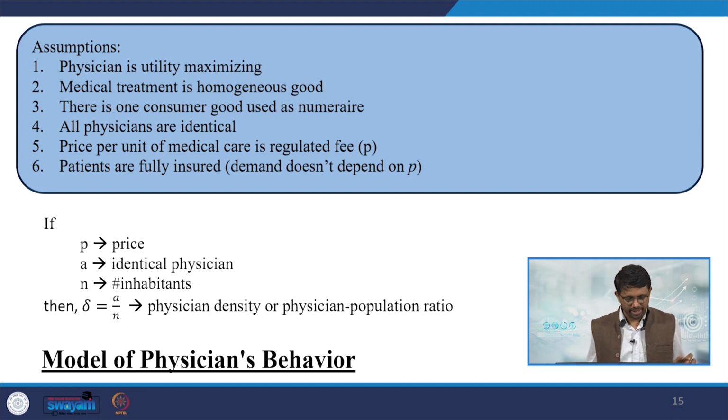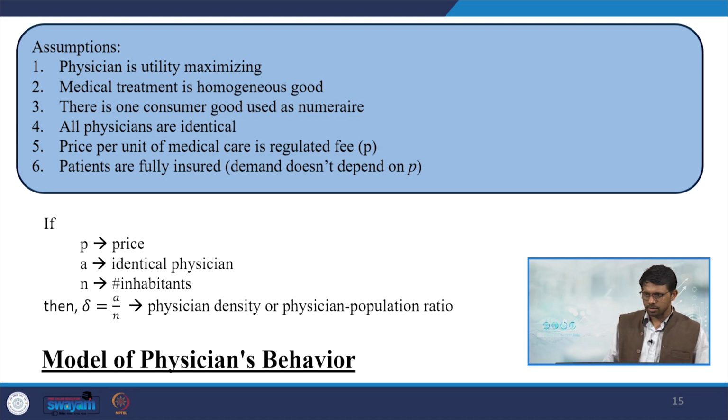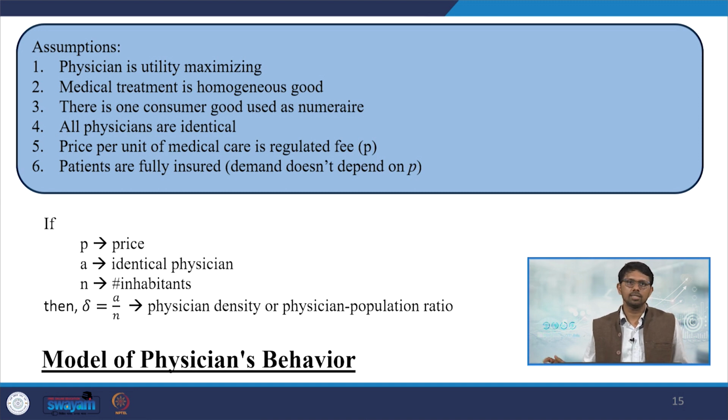Before that we need to take some assumptions, starting with: the physician is utility maximizing, and medical treatment is homogeneous in nature, or the treatment as a good is homogeneous. There is one consumer good used as numeraire to compare the other facilities. All physicians are identical as per the assumption.